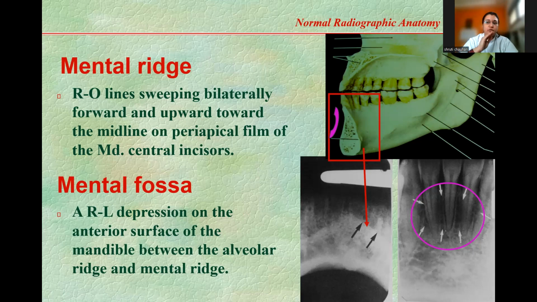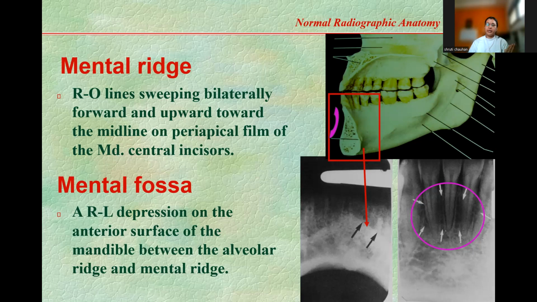So the fossa, just put your tongue exactly below the crown of your teeth. Do you see a scooped out appearance? That is the mental fossa. The fossa is the depression, and the ridge is an extra formation of bone, so the ridge will be whiter.